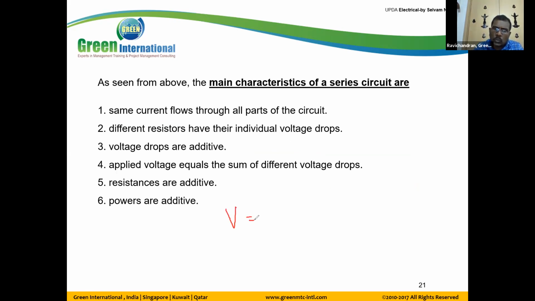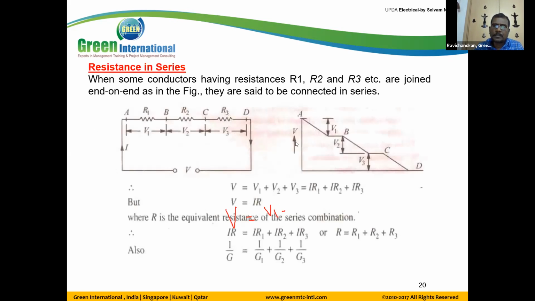V is equal to V1 plus V2 plus V3. So multiply this equation with I. What is the value?